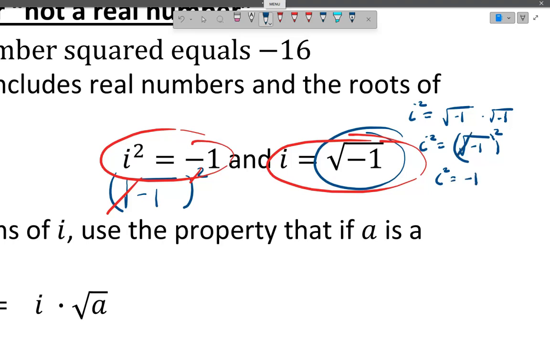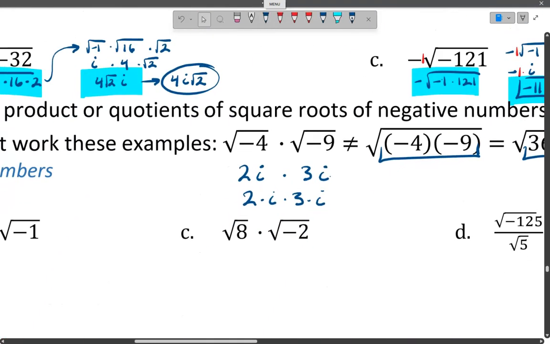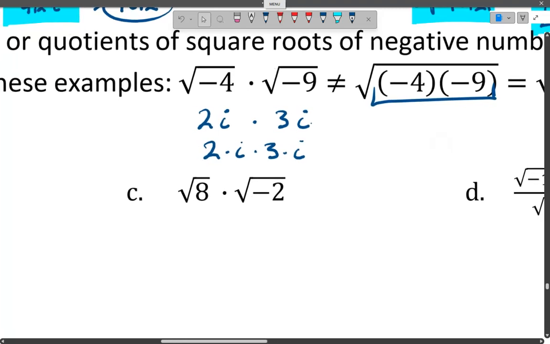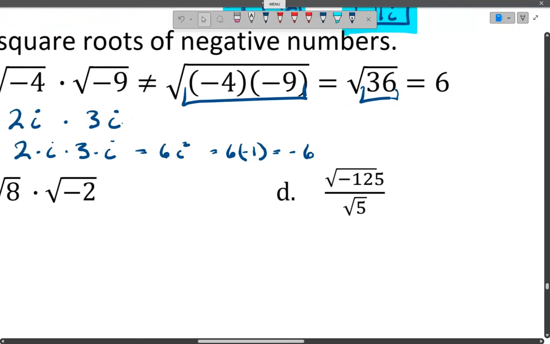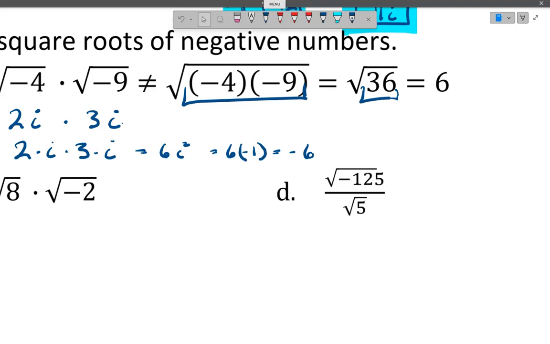So when we're doing our multiplication, when I end up with i squared, it equals -1. So when we apply this product rule, 2 times 3 gives me 6, i times i gives me i squared. Since i squared equals -1, it equals -6, which is not 6. It's still a real number, but the sign's different.